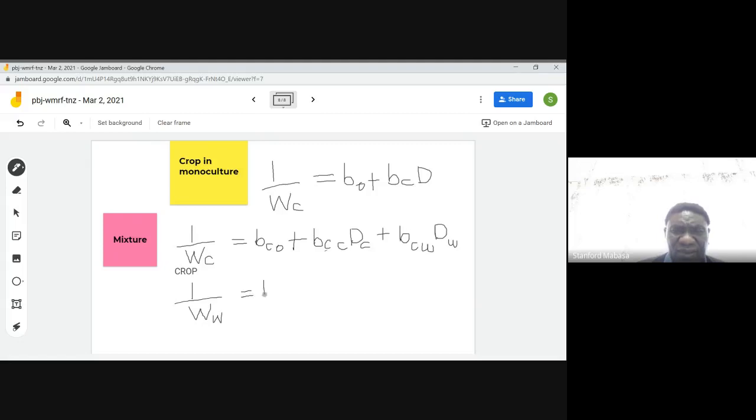Then here we have got a B WO representing the intercept for the graph with respect to the wheat. Then the slope becomes B. We represent it by 2 W's.